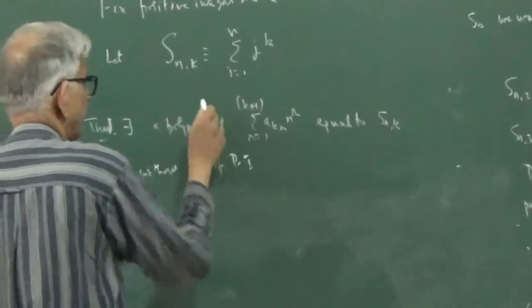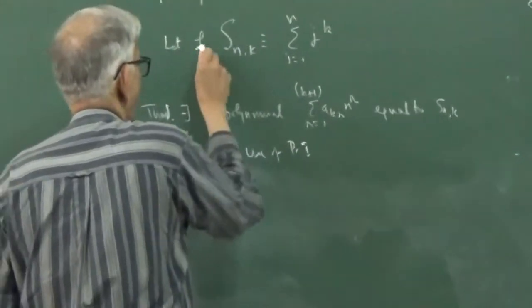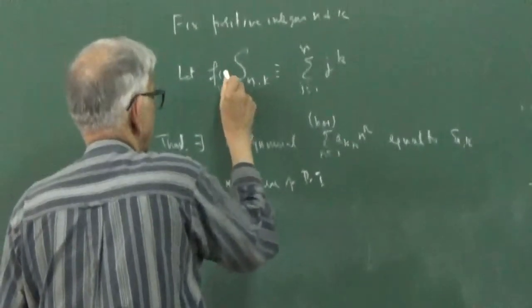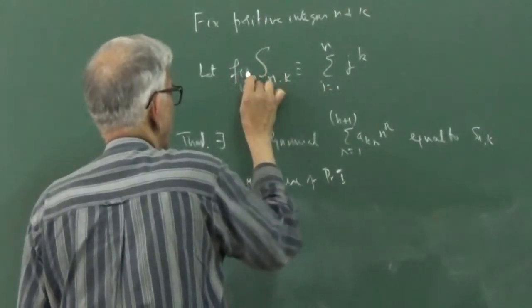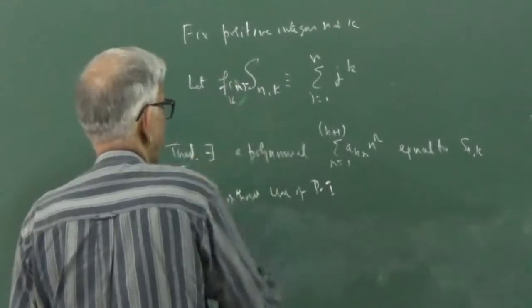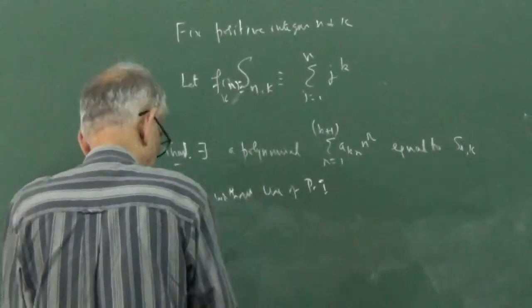So we notice, call this f of k comma n, f_k of n, is equal to this.